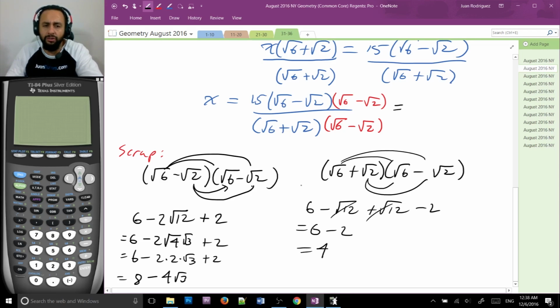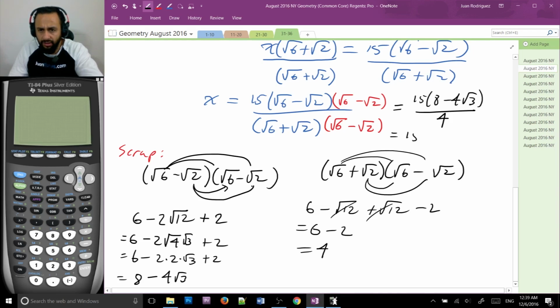So the denominator is equal to 4, and the numerator is equal to 8 minus 4 rad 3. So 15 times 8 minus 4 rad 3, and then the denominator is equal to 4. And the 4 cancels, it's a factor of the numerator. 15 times 4 times 2 minus rad 3, all over 4 equals, sorry, I hate doing this.